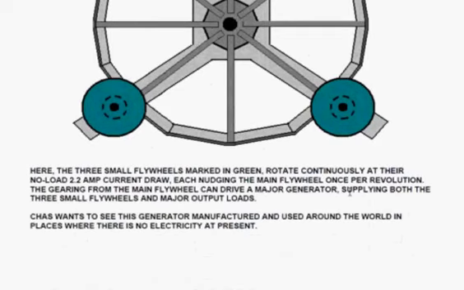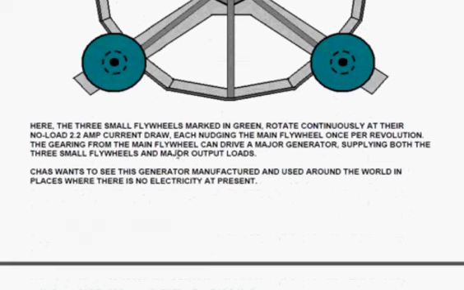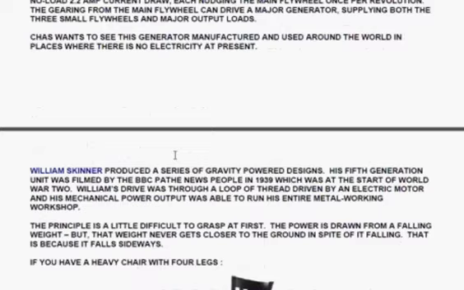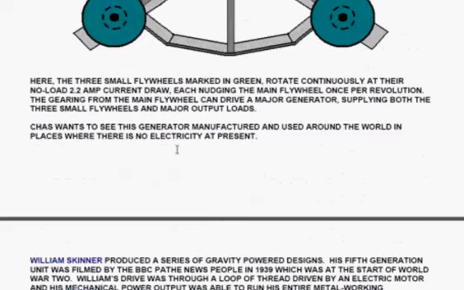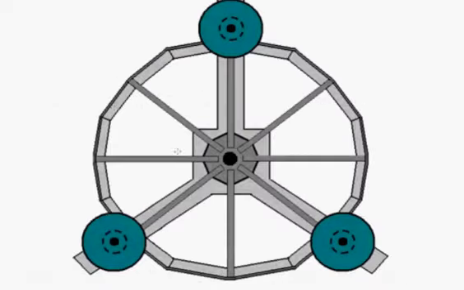and the little flywheels only have to supply 1. So they rotate at their no load setting, which is 2.2 amps on mains, and the generator in the center can generate pretty much anything you want it to. So that's a very effective system which has got no electronics. It has no special constructional skills needed.